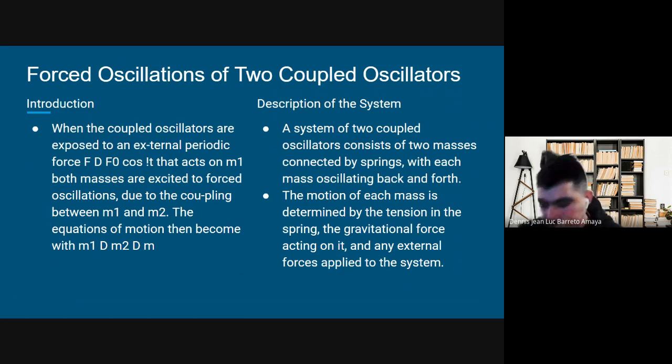Description of the system: a system of two coupled oscillators may be connected by a spring, with each mass oscillating under the influence of the force. The motion of each mass is determined by the tension in the spring, the gravity force acting, and the external forces.